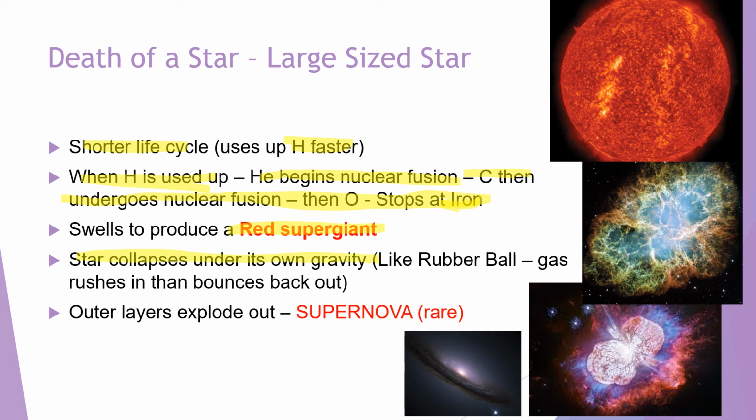Okay, so now no more nuclear fusion is happening. Okay, and what I want you guys to understand is that when nuclear fusion is occurring, there's energy being created that allows a star to be alive. But once that energy stops, gravity takes over, which pulls everything back in and causes that star to collapse in on itself. Okay, so that happens, but then there's like this huge rush that bounces back out and the outer layers explode, known as a supernova.